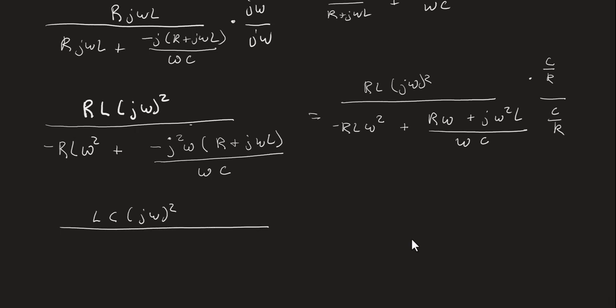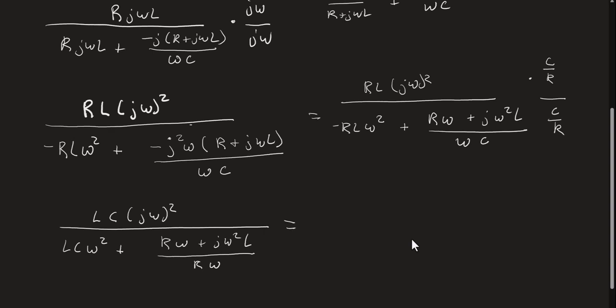In the denominator, the R will cancel, and I'll get LC omega squared plus, and then the C will cancel with the C in the denominator of the second part, so I'll get R omega plus j omega squared L over R omega.